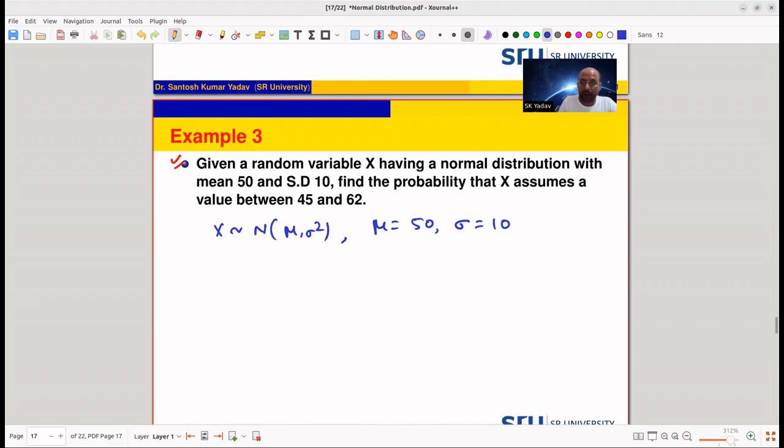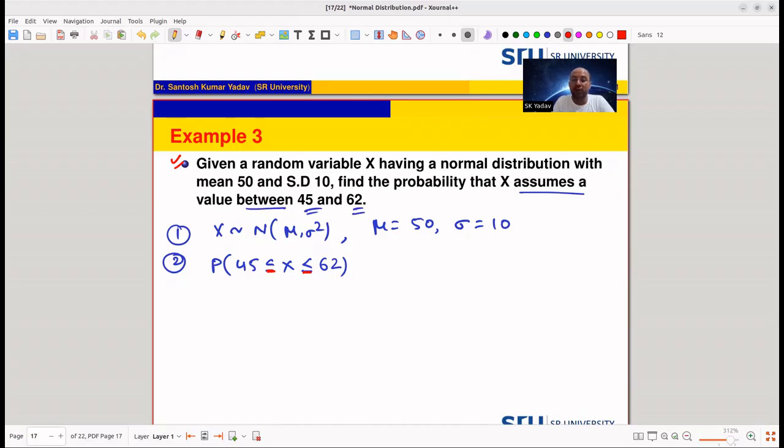And you have to find the probability that x assumes a value between 45 and 62. So this is the first step. Now in the second step, you have to find P of x lying from 45 up to 62. So many have questioned whether we should include this equality sign or not.